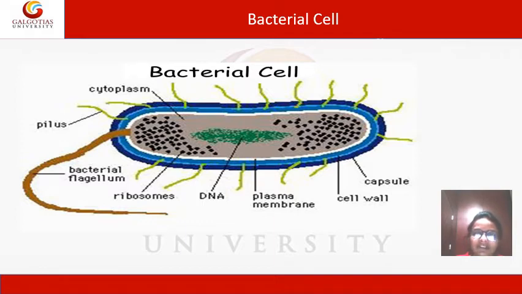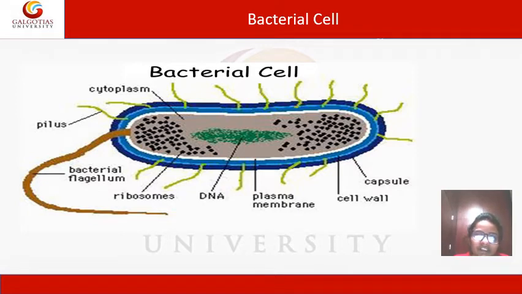That's why this structure is known as a nucleoid. For eukaryote cells, the genetic material is covered by a nuclear membrane, and that is known as a nucleus. So this is the basic difference between the eukaryotes and the prokaryote cells.